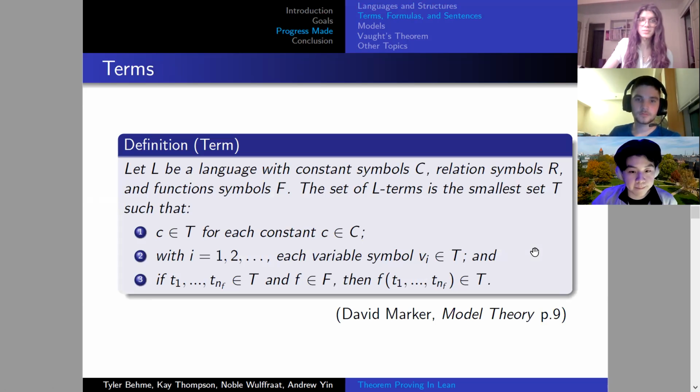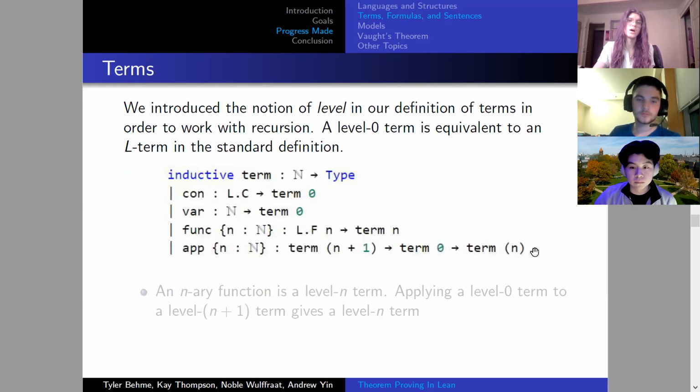Okay, next we have terms. We based our definition off of David Marker's definition in his book Model Theory, in which a constant is a term, a variable is a term, and if we have an n-ary function and we apply it to n terms, we get another term.